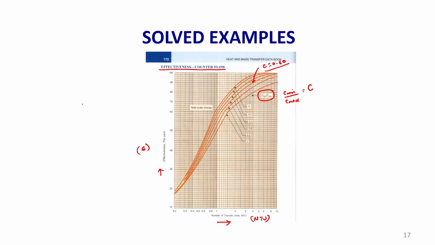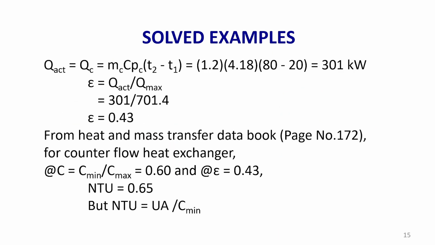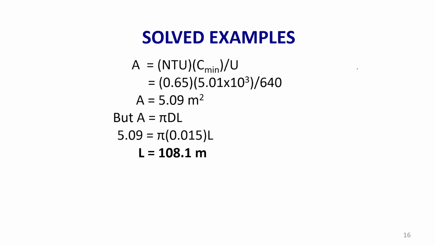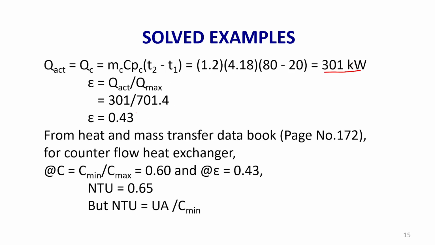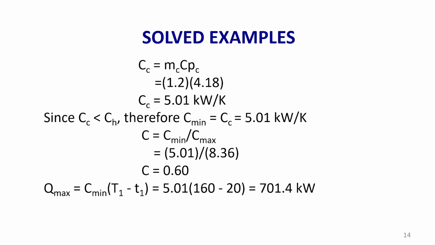So we can find Q actual. The Q actual value is 301 kilowatt. Now I have found Q actual. What is Q max? Q max is C minimum into T1 minus T1.